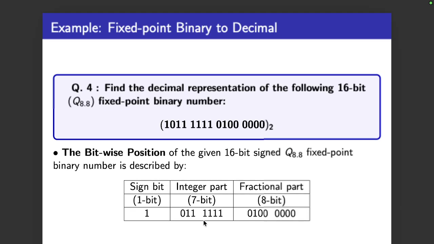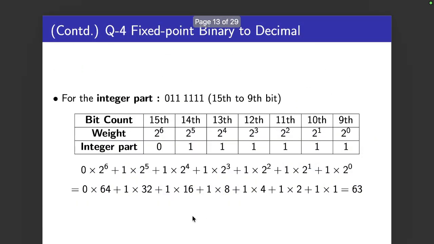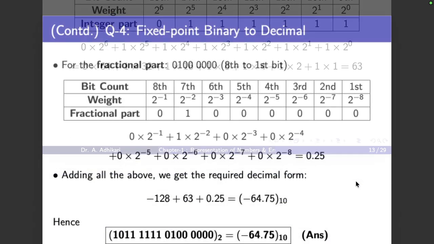Starting from 2 to the power 0, 2 to the power 1, 2 to the power 2, 2 to the power 3, up to 2 to the power 6, we multiply the bits by their weights, and we get the result 63. So for the integer part, the decimal form is 63.